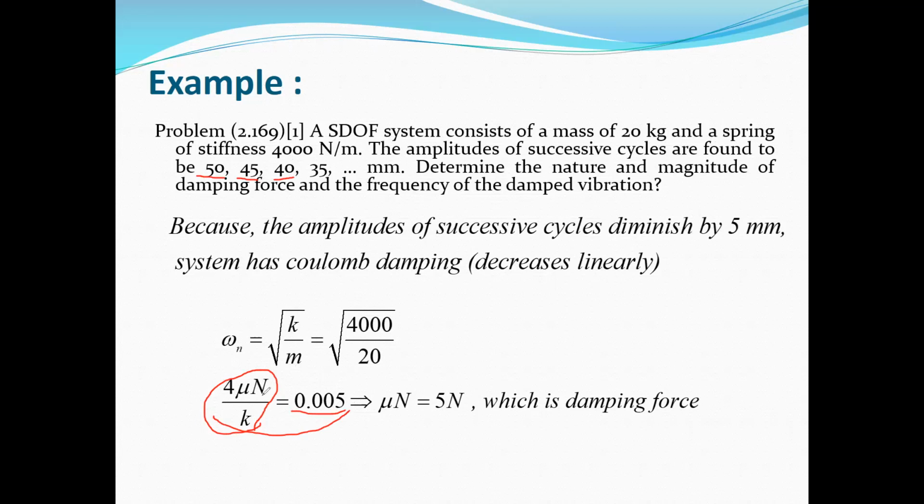From here we can extract mu times N, because according to the problem description, we need to calculate the magnitude of the damping force. Because this is a system with Coulomb damping, the magnitude of the Coulomb damping force is equal to mu times N. So we can solve this equation and conclude that mu times N is equal to 5 Newton. This N is for Newton. It's not the same N.